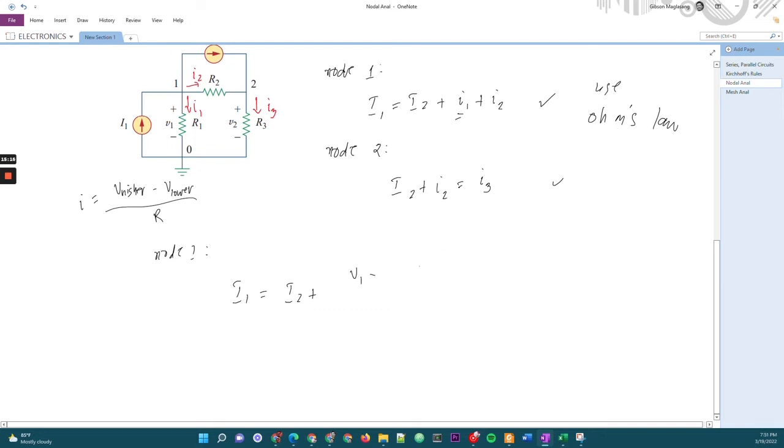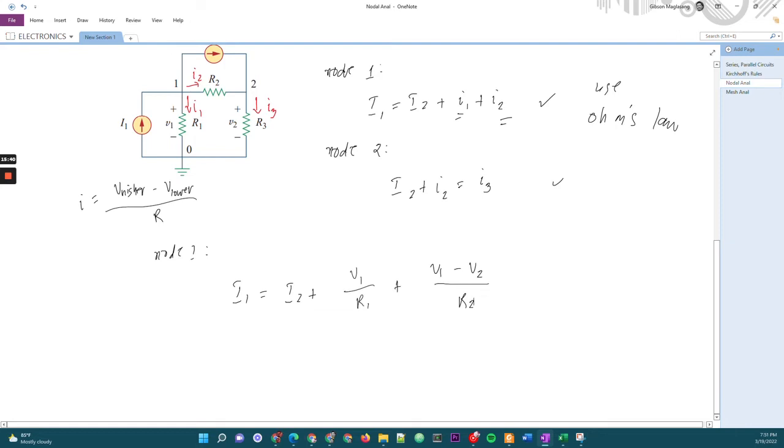We can omit the minus 0. Then that's over R1. Plus small I2, which would be V1 minus V2 over R2. So that would be the equation now using Ohm's law.